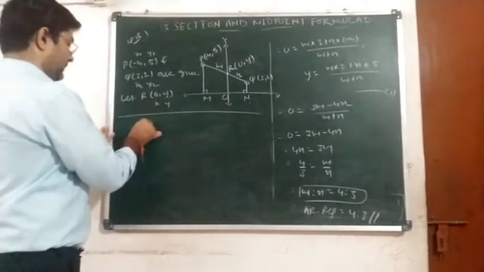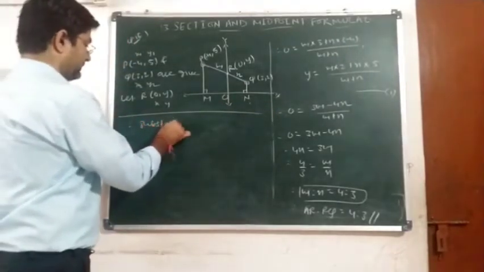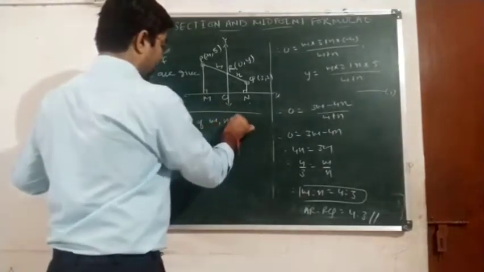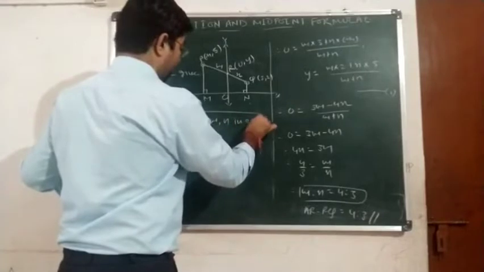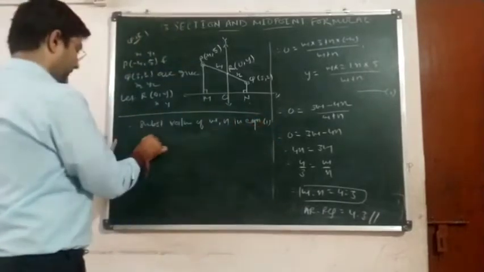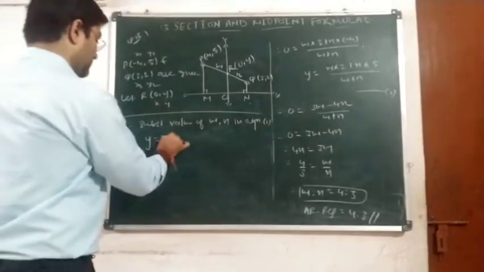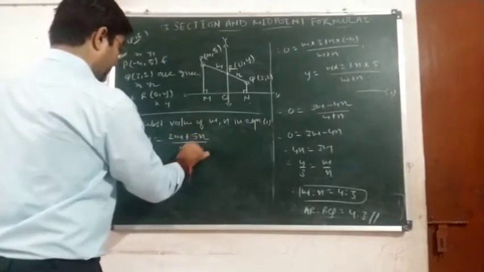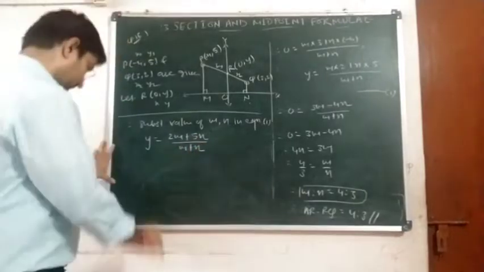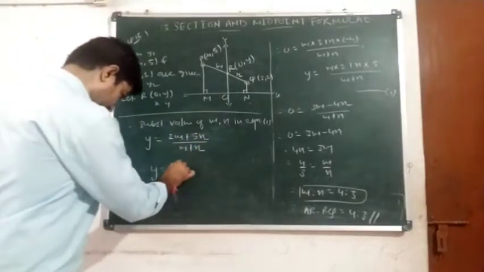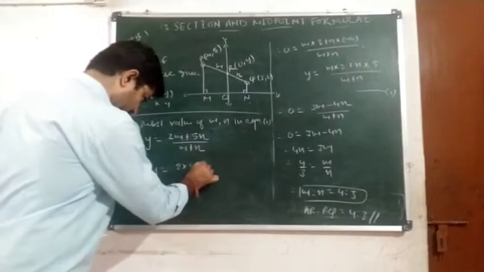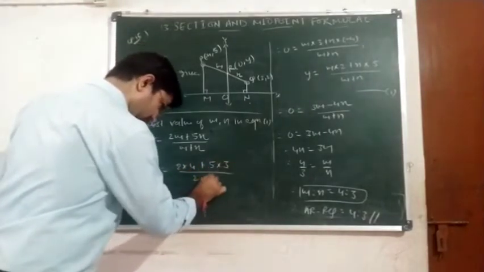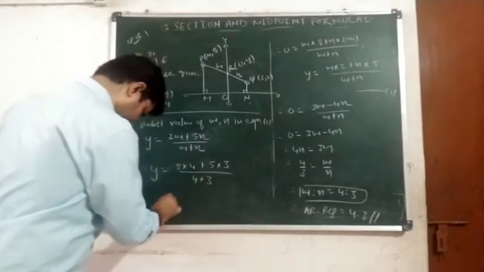Okay. Now substituting the value of m and n in equation 1. So we have y is equal to (2m plus 5n) upon (m plus n). Therefore y is equal to (2 into 4 plus 5 into 3) upon (4 plus 3).